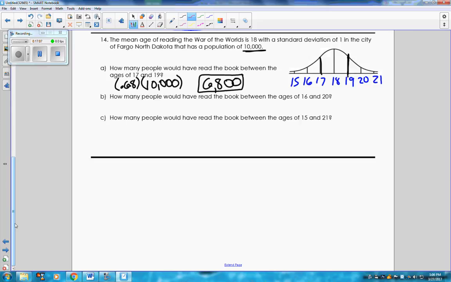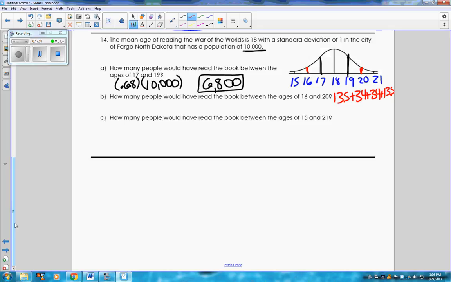Problem B says, how many people would have read the book between the ages of 16 and 20? So that's here and here. So I have to add 13.5 plus 34 plus 34 plus 13.5.